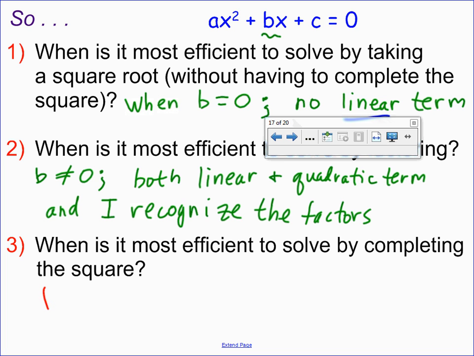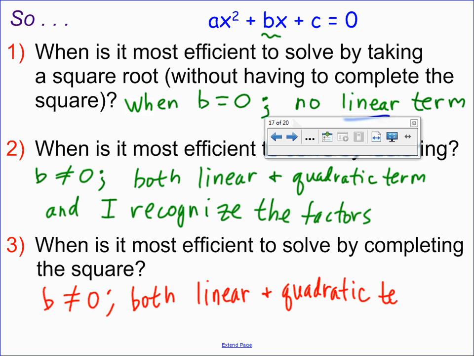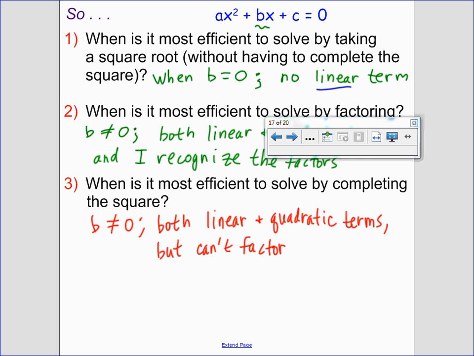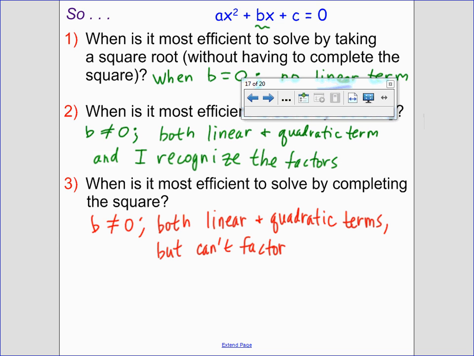So b doesn't equal 0, both linear and quadratic terms, but can't factor because either you don't recognize the factors or it's unfactorable. And so we've seen that in the case that we rearranged our Bellwork to x squared minus 4x equals 6. Suddenly we couldn't solve by factoring. Then we have to use completing the square.